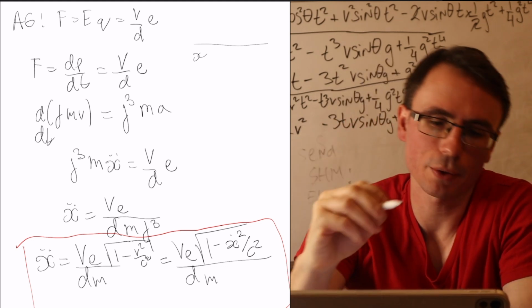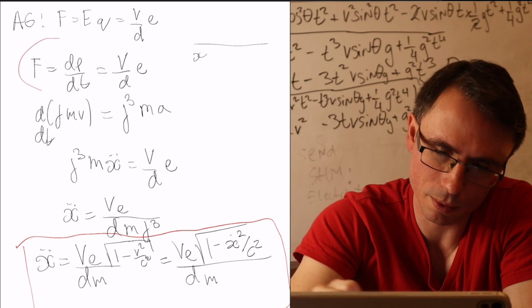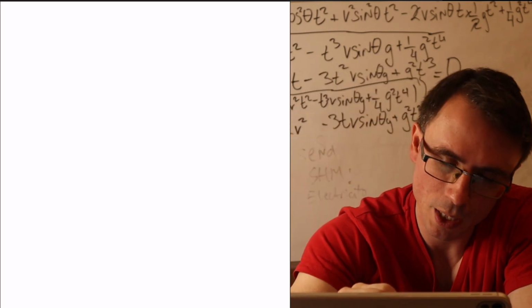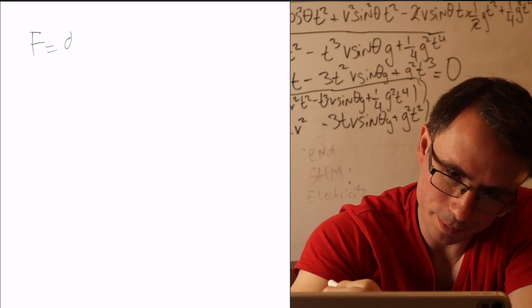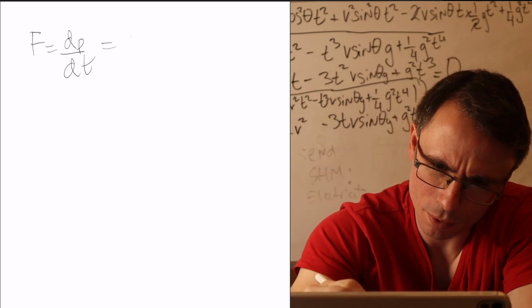So let's go back to the basics. We know that the net force is equal to dp by dt, which is equal to the rate of change of momentum. So the total change of momentum, dp, over dt, that's just equal to, what did we say it was?